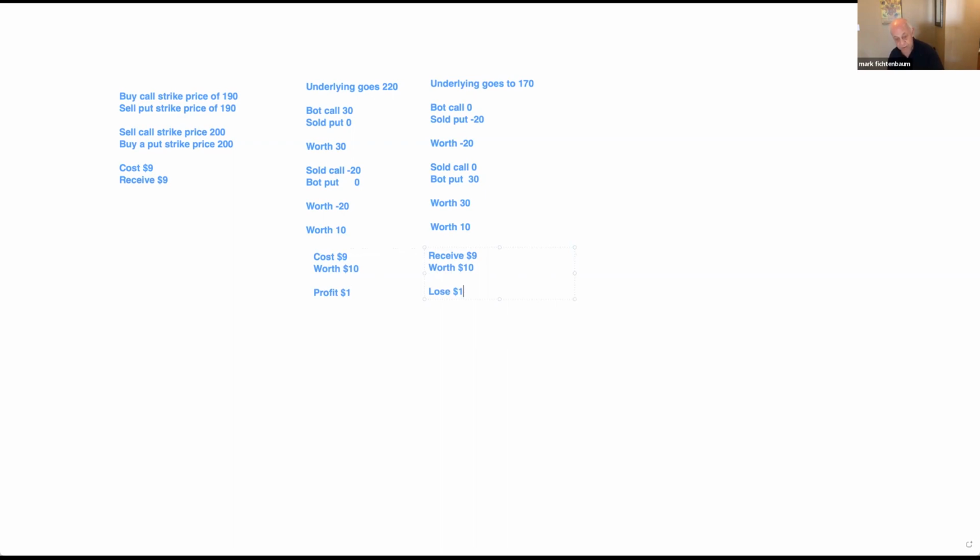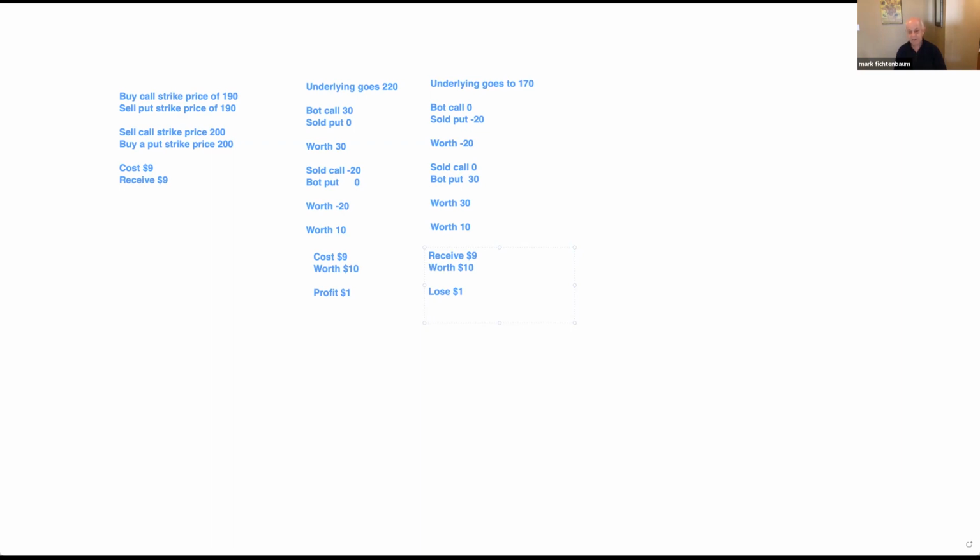And I'm going to go into slightly more detail in a couple of minutes. But when you structure this transaction and you're receiving the money, you can set it up in such a way that you actually have access to that money and you can pull it out of your account. Well, if you've pulled the money out of your account, you've pulled out $9 on day one, and at maturity, you're going to have to pay back $10. What have you done? You've borrowed money.